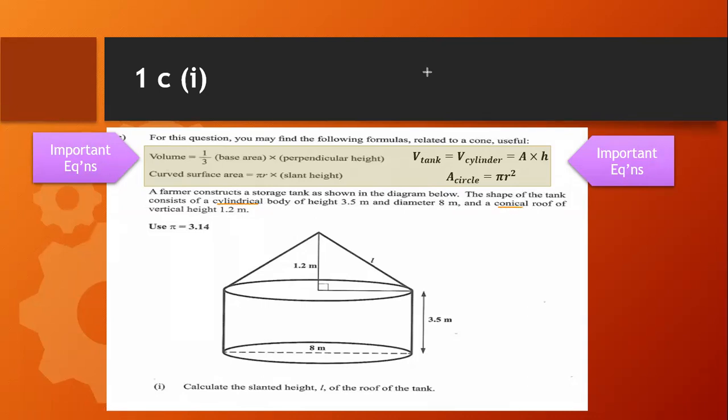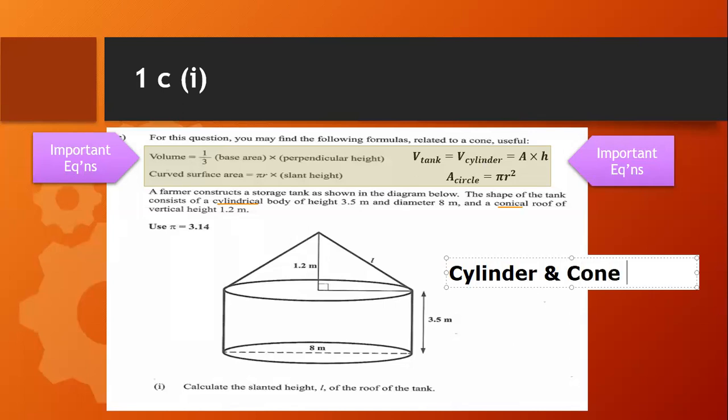So effectively, what they're trying to tell you here is that this structure is really a cylinder and a cone. And that's the full idea from the wording in the question. That's why I said mathematical wordings are very important. They indicate what the question is all about.